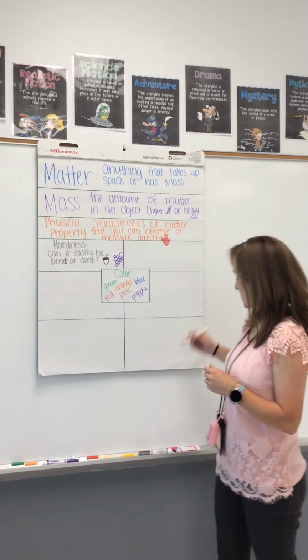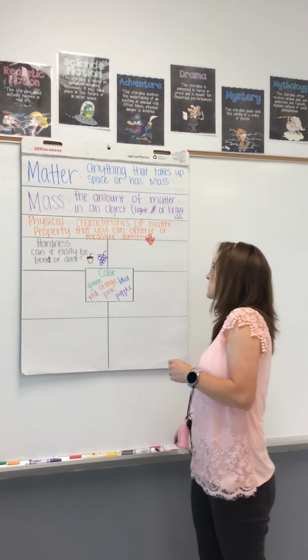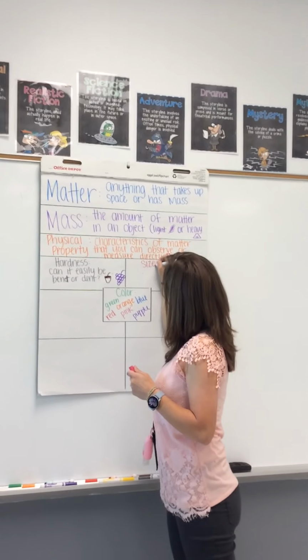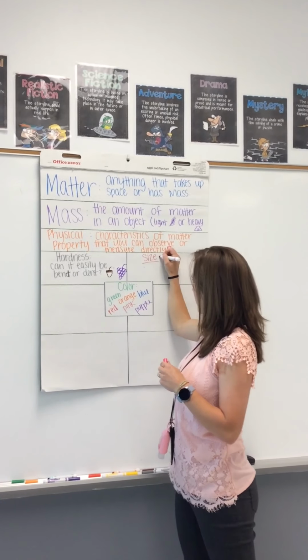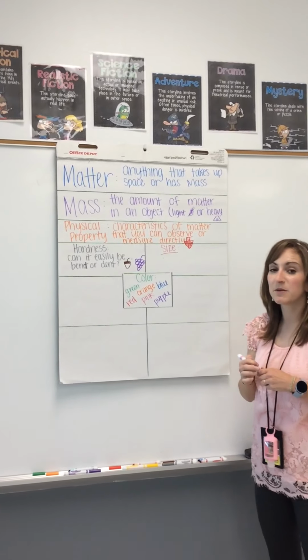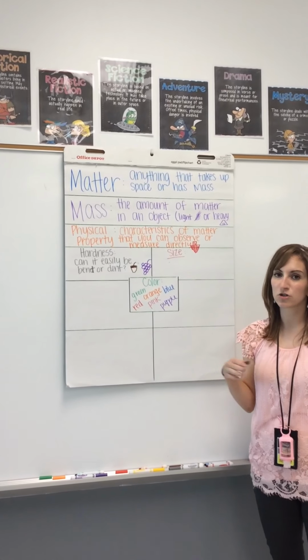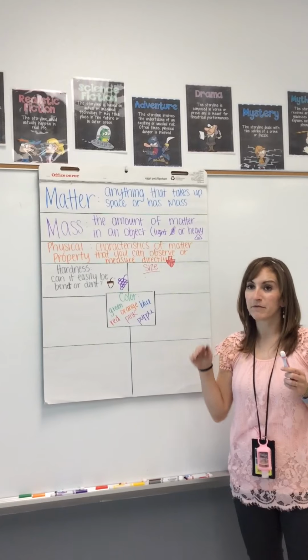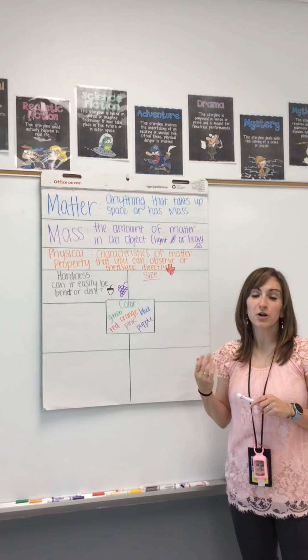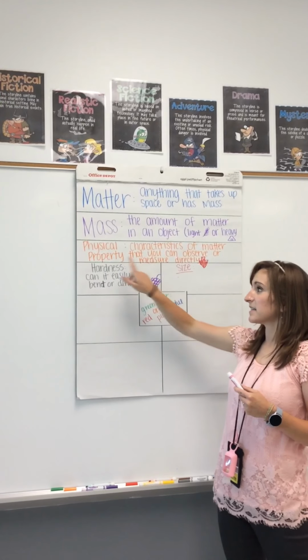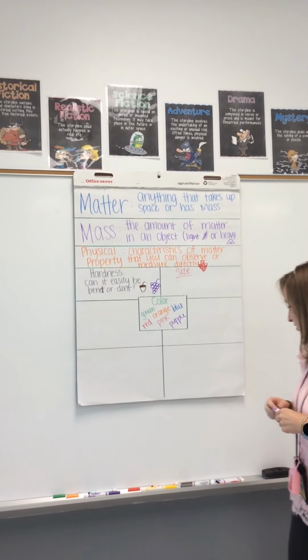The next one is by size. So some words that might come to mind when you think of size are big, small, long, short, tall, fat, thin. Those are a lot of good describing words, and size is a physical property of matter.